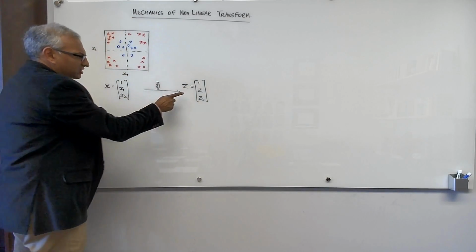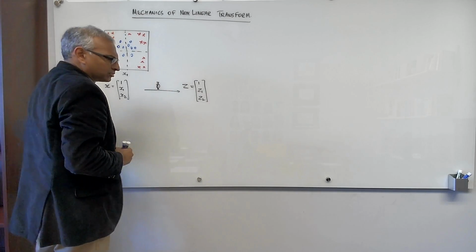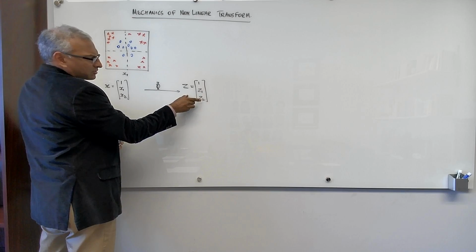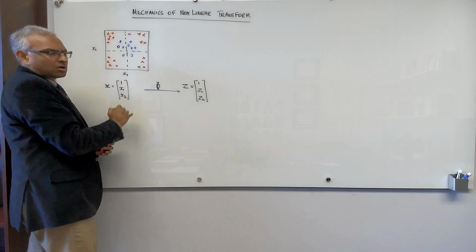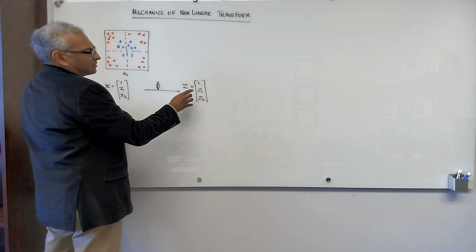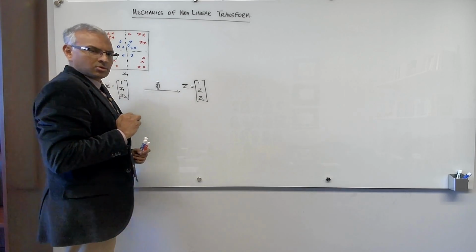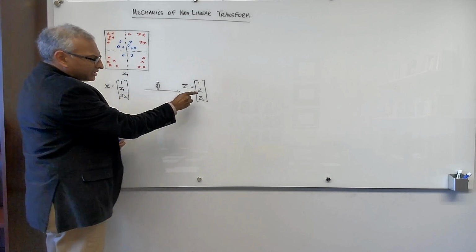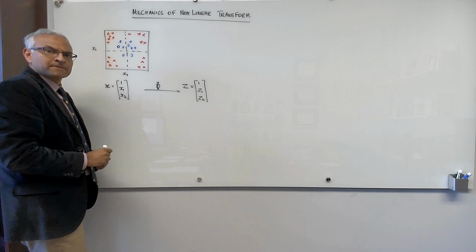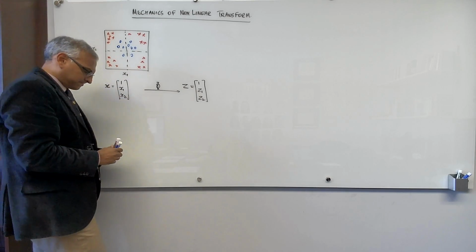So we transform to this new feature, which I will write as z1, z2. Now each of these coordinates of the new feature can be a function of the original feature. So, two points. First, the dimension of the new feature can be larger, smaller, or equal to that of the original feature. And each new feature can be a function of the entire original feature.